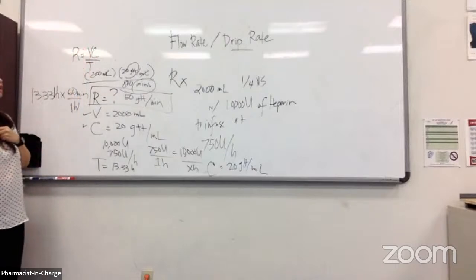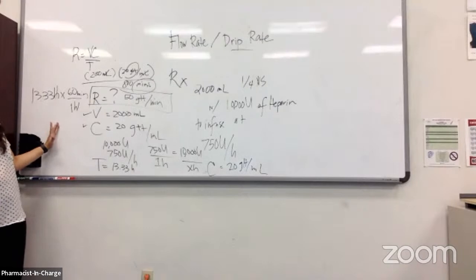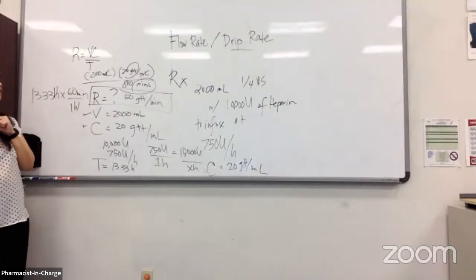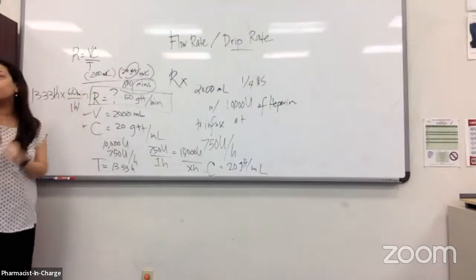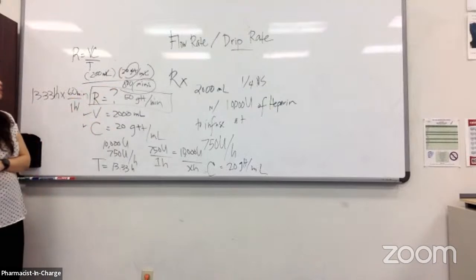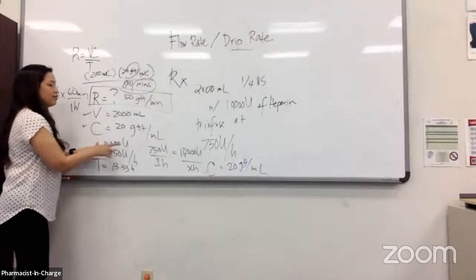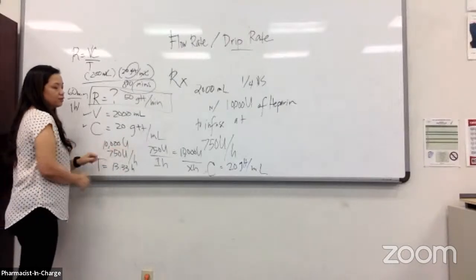So I've identified which is which. I identified that volume is 2000 ml. I've identified that my C is 20 drops per ml. And then my time, I don't have a time, but I have two numbers that I can use: 10,000 units, 750 units per hour.